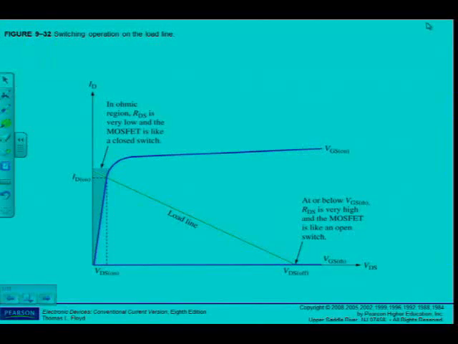All right, and we can see it here on figure 9.32, switching operation on the load line. So here I can see in the ohmic region, RDS is very low and the MOSFET is like a closed switch. So I will use it in this area. So the switch is on, or the switch is off.